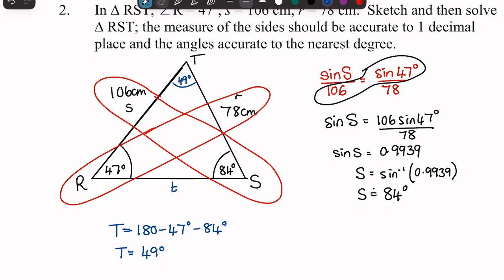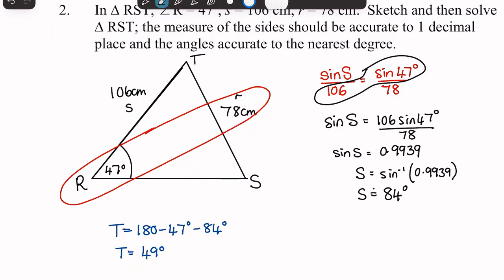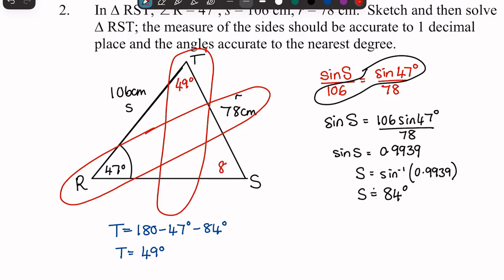So to do that, we will get rid of one of the carrots there. Oops. I somehow lost all my information there. I don't know why. Anyway, we'll highlight these two. Again, T was 49 degrees and S was 84 degrees. There.